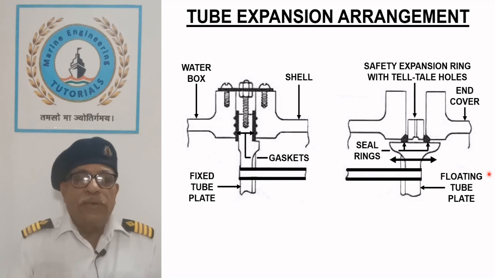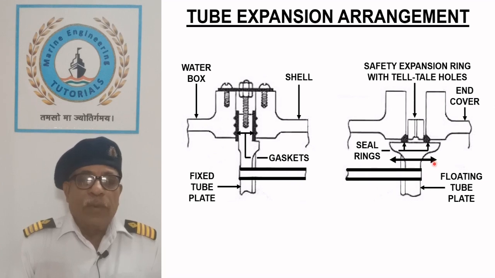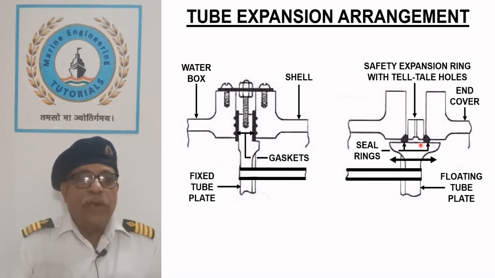Two seal rings separate both the liquids and thus prevent their intermixing. In case of damage to a seal ring, it is revealed by external leakage through the telltale holes provided in the safety expansion ring.